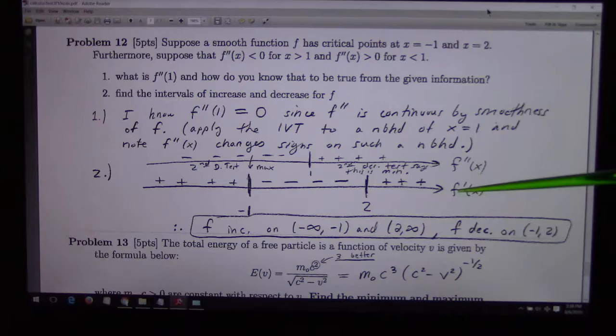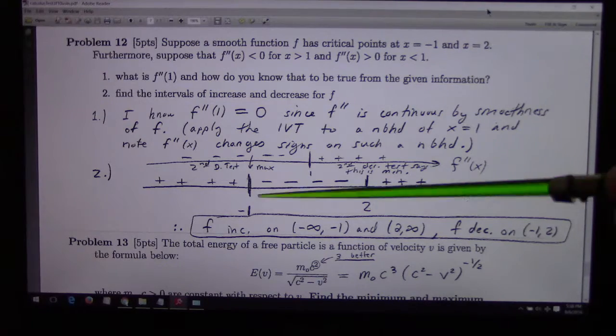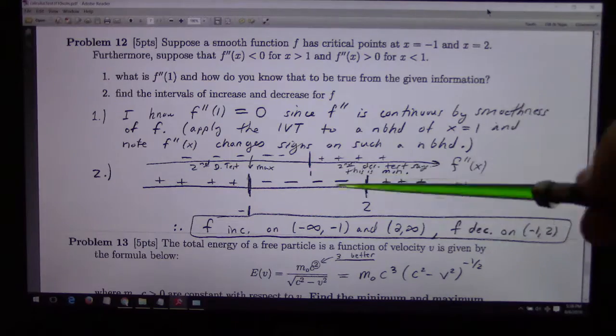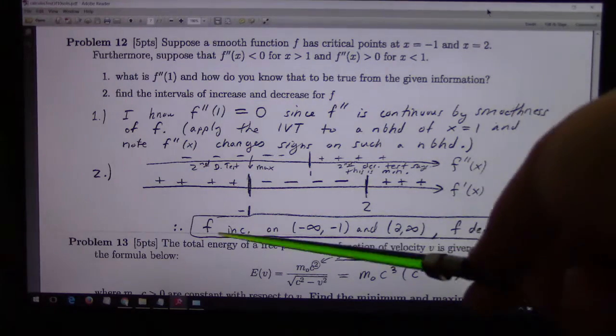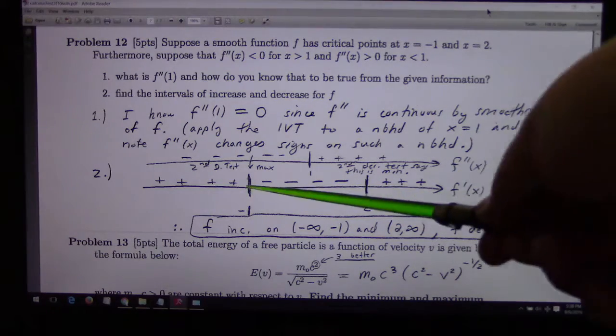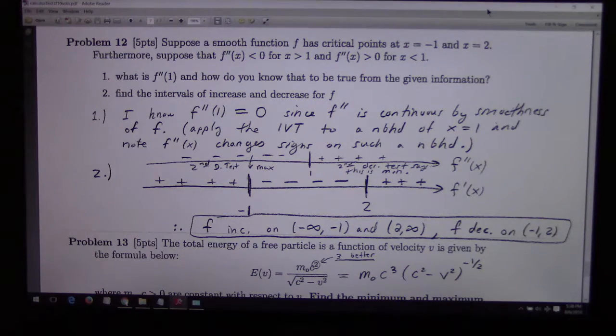And I know that the first derivative exists because f is smooth, and so that makes this a maximum and this a minimum. Then the first derivative test forces it to go plus to minus and then minus to plus. And so I can figure out that f is increasing from minus infinity to -1 and from 2 to infinity, and decreasing on -1 to 2.